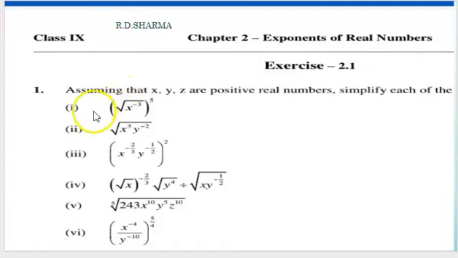Okay students, see here, the first question says: assuming that x, y, z are positive real numbers, simplify each of the following. If you see carefully, the first question is x raised to the power minus 3, can you see clearly? x raised to the power minus 3, and then we have this root and the bracket with power 5.